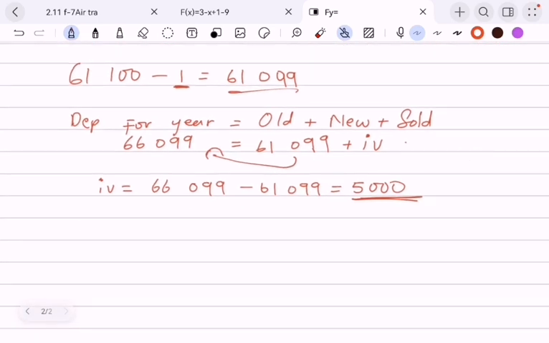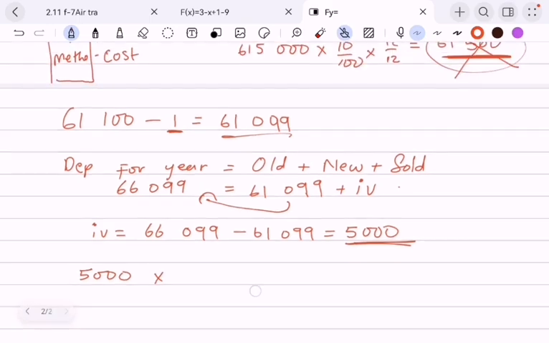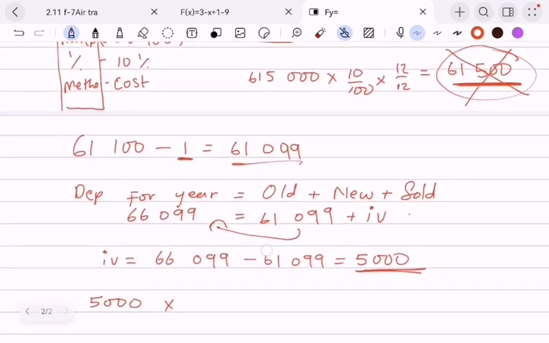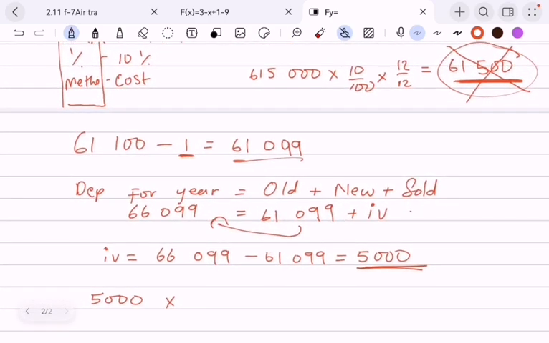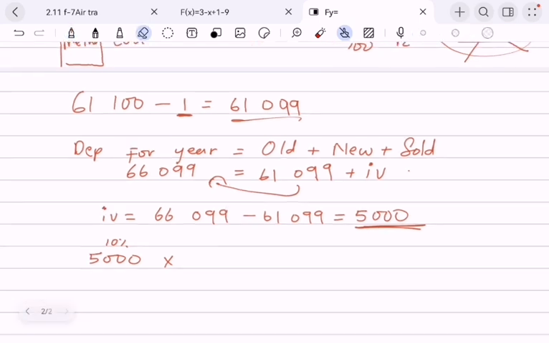So now, since we have the depreciation and we are looking for the cost, you reverse all your calculations. So remember something, people. This is the depreciation. And this depreciation is the 10%. And according to the method, before I can do calculations, there's a method which we were all introduced to.